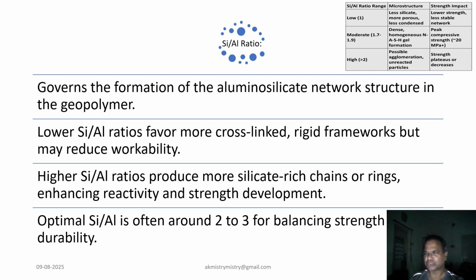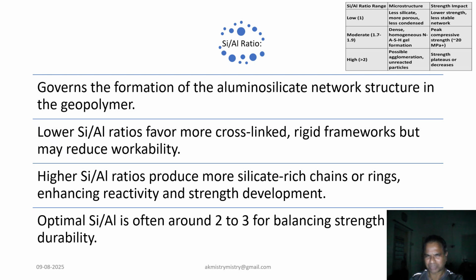A higher ratio keeps helping with the strength and reactivity. So the best range is usually between 2 and 3. So we need to remember between 2 and 3 is the best.